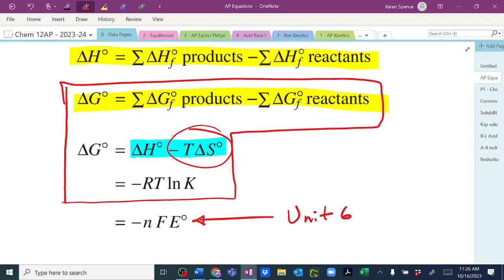And if you think about that, if delta H is positive, and if delta S is negative, it means we're becoming less random. Yes, I'm going to keep using the word random. If the energy is less dispersed, if it's becoming less random, that is less favored, right?